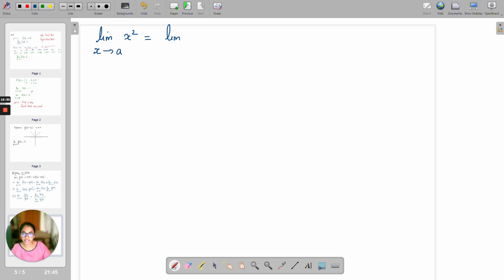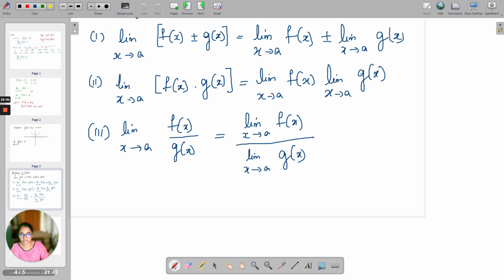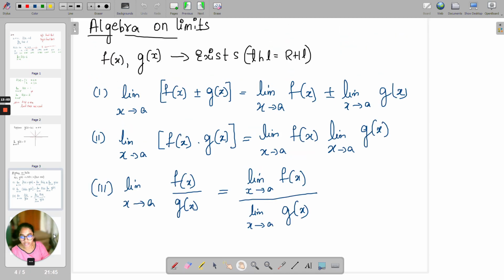Can I write this as limit x tending to a, x into limit x tending to a, x? So what is this? Can I write this as a into a? So what would this be? A square. We wrote this by the algebra on limits, right?